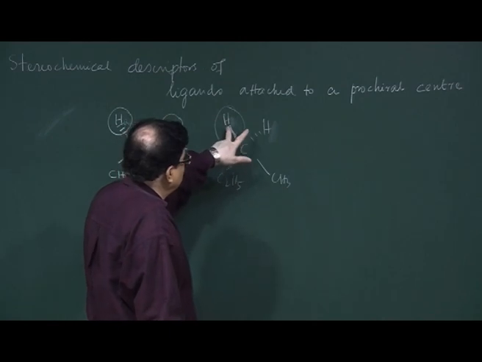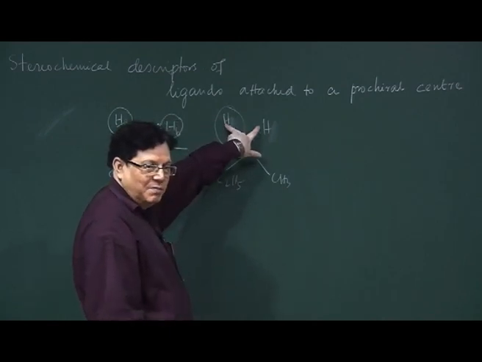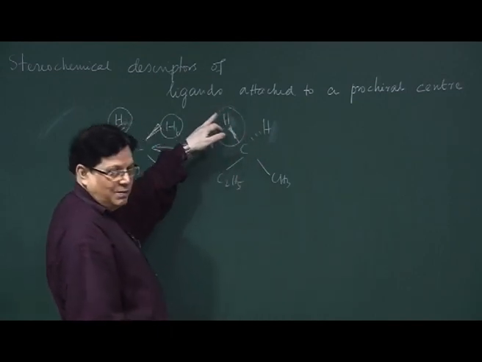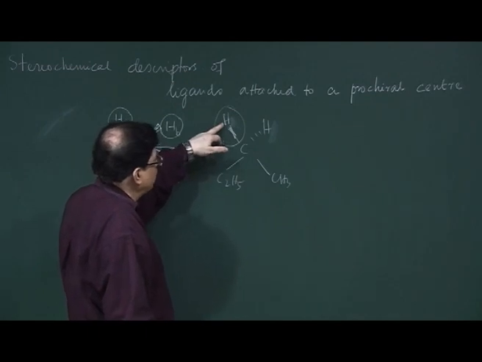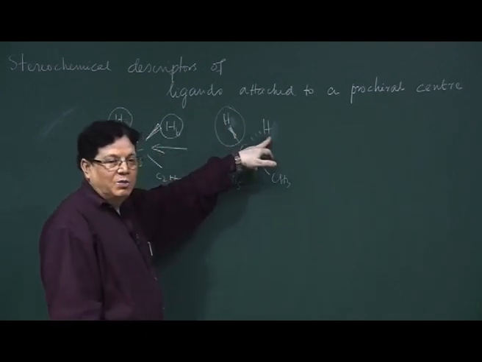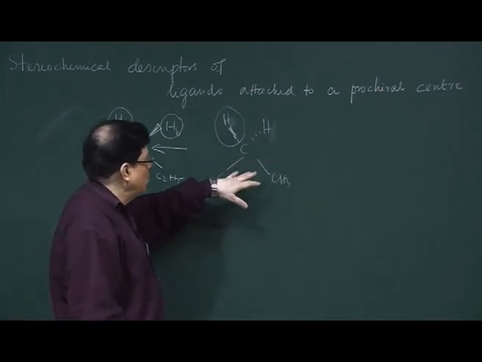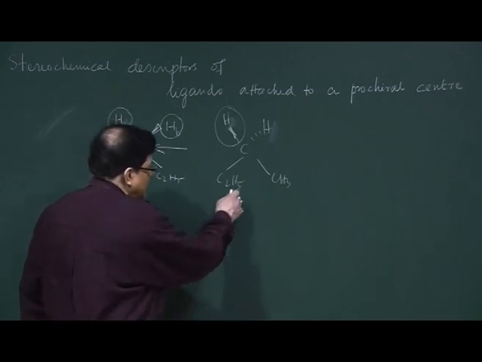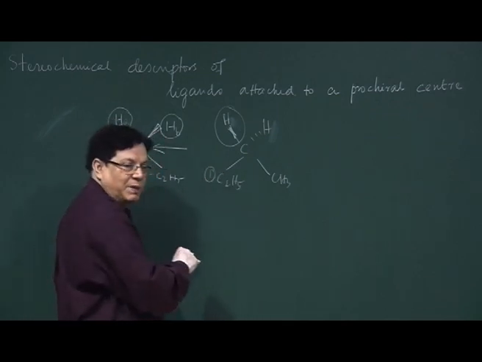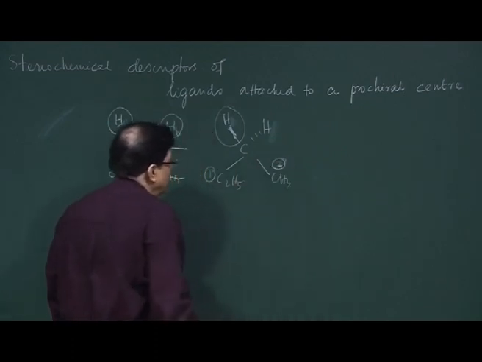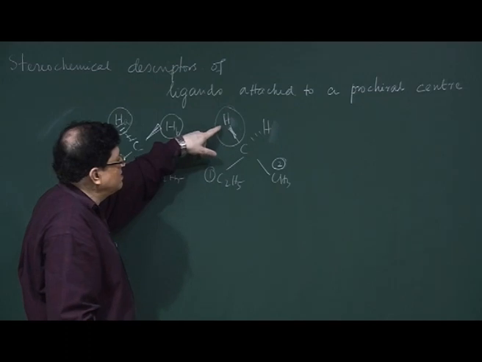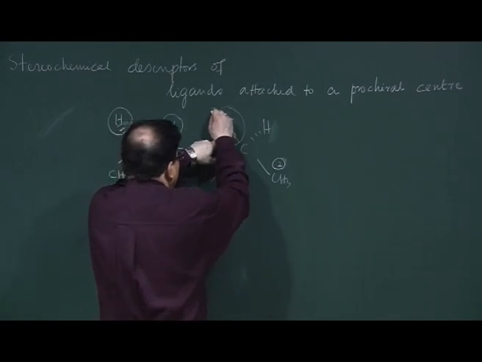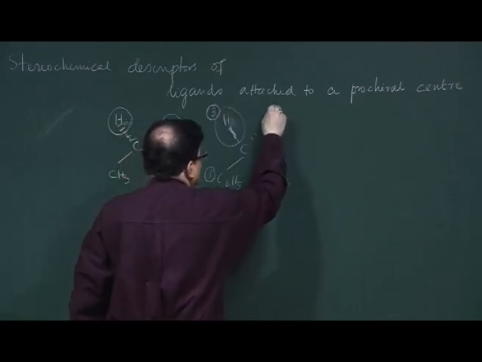These two should have the same priority because they are the same atoms, but as you are trying to figure out what is this hydrogen, you give higher priority to this hydrogen over the other hydrogen which you are not considering. So, when I assign priority of the ligands attached to this carbon, this is C2H5, so that will obviously be 1, this will obviously be 2. Now, since I am trying to figure out the stereochemical descriptor for this hydrogen, I assign this as 3 and this as 4.